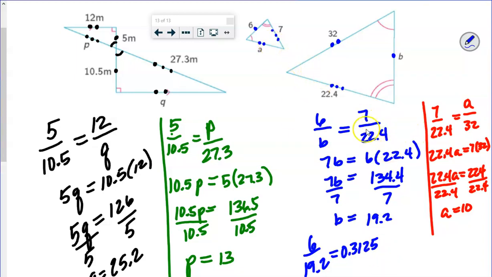Then we've got our ratio, the 7, right? 7 divided by 22.4 was, guess what? Same thing, 0.3125. And then our last one is our a, which is our 10 over our 32, right? And guess what? 10 divided by 32 is also equal to 0.3125. And remember, that's what we're looking for, same ratio, okay?